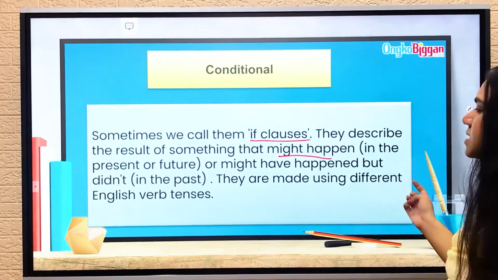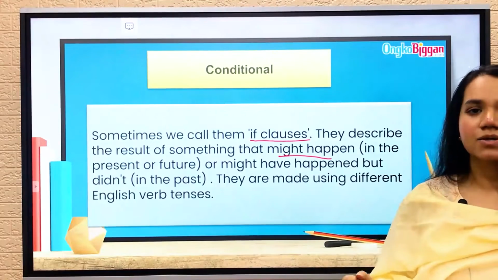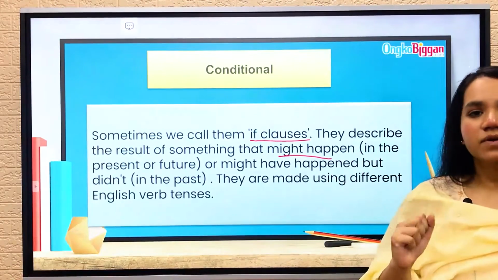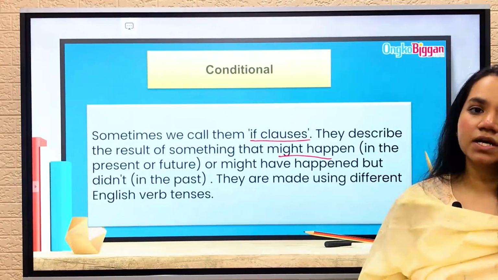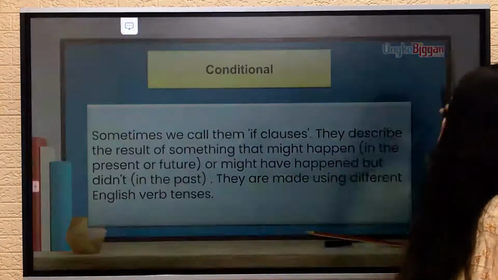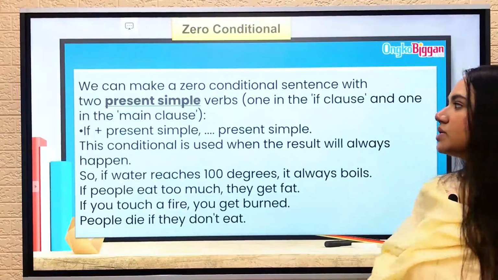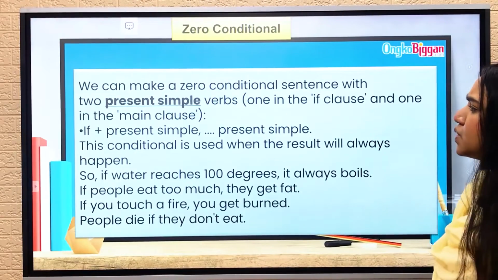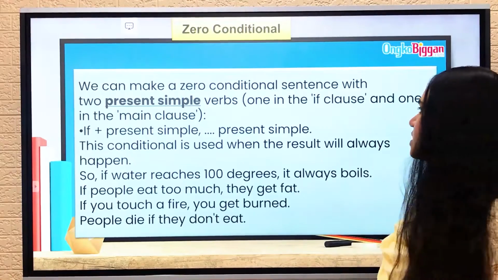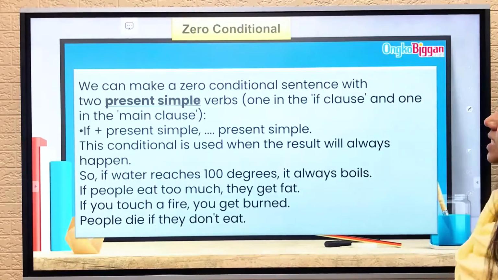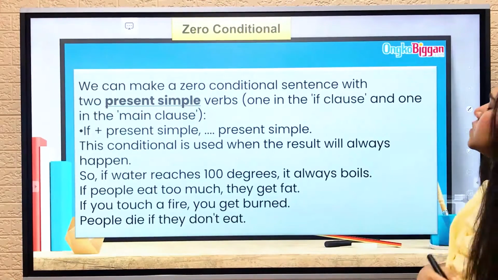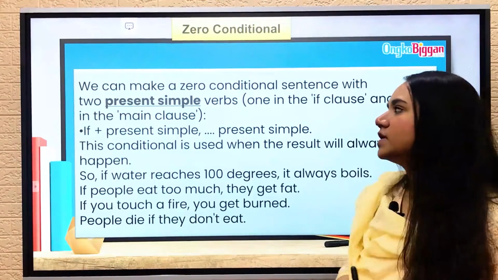Now, they are made using different English verb tenses. So, we understand that tenses are definitely important whenever we want to provide a specific conditional. Initially we are trying to say that we can make a zero conditional sentence with 2 present simple verbs, one in the if clause and one in the main clause. So, what do we have? We have 2 present simple verbs.